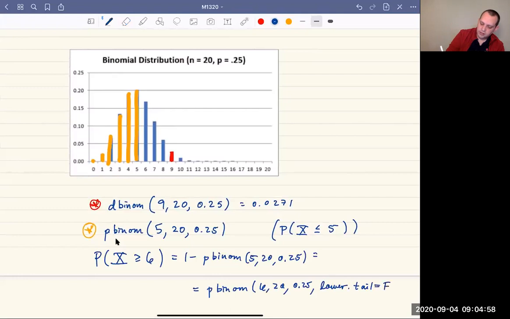So the lower tail is false. What that does is, instead of thinking about the cumulative probability, it's going to think about the probability for the points afterwards. So it'll take the sum of all those probabilities. That's what this lower tail equals false code is going to be. And again, you can read more about that in the R documentation.